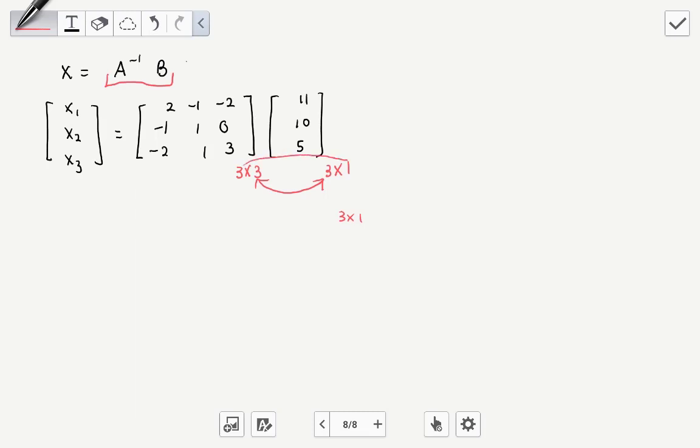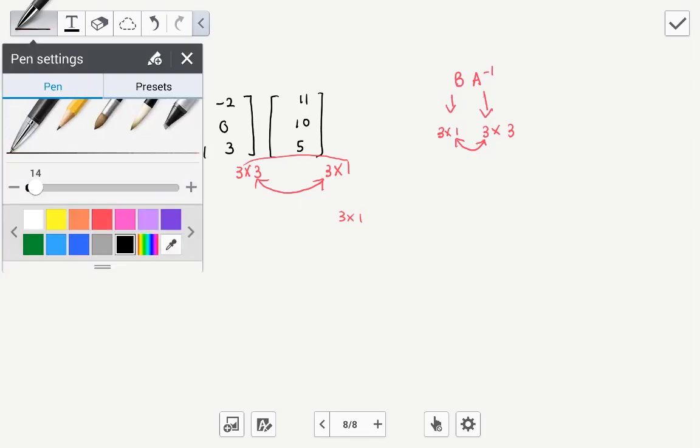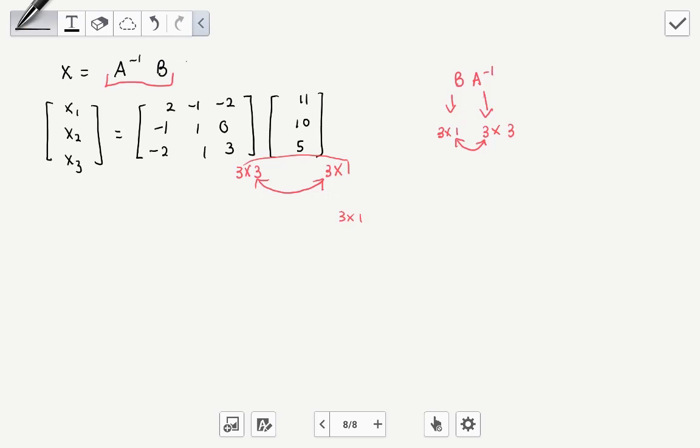You can check out what happens if you write this as B A inverse. The order of matrix B is 3 times 1 and the order of matrix A inverse is 3 times 3. Can you see that this is not the same? The column and the row are not the same. Therefore, this is not compatible to be multiplied. So I hope you understand why it is important to have your A inverse on your left hand side.